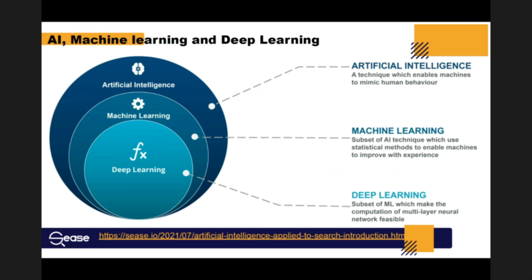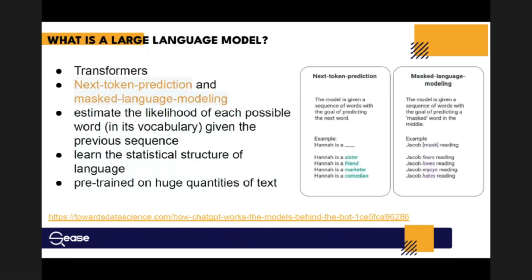So a subset of techniques from artificial intelligence, which mostly use statistical methods to have machines learning from experience. And we can go even deeper in this taxonomy, and deep learning is a subset of machine learning using deep neural networks. And we can have large language models within deep learning effectively.